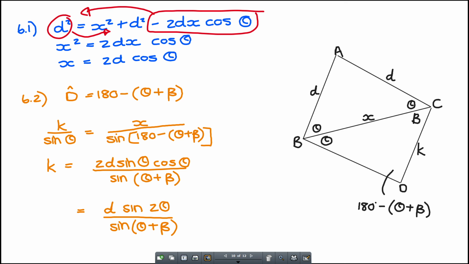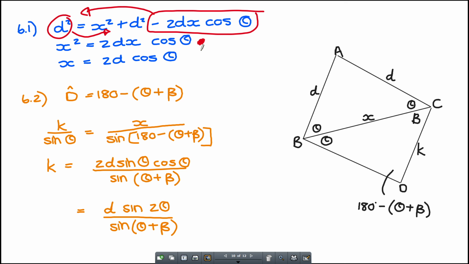Wie sien dit nie? Does everyone see how I got to that first step? This one. Okay, maybe. So if I take that to this side, it will become positive 2dx cos theta.